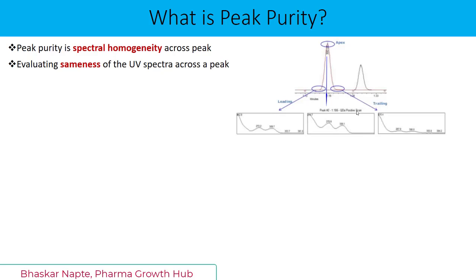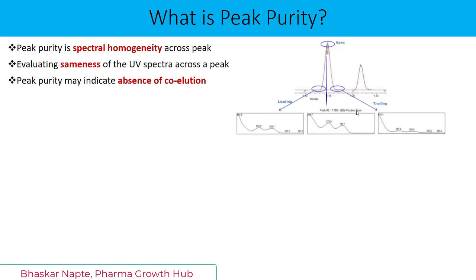It shows how similar the spectra are, and accordingly we can confirm whether the peak is pure or not pure. So what is the purpose of measuring peak purity? Peak purity helps us understand whether there is a possibility of co-elution.